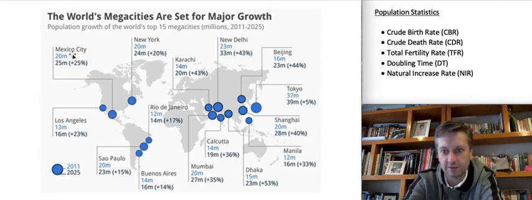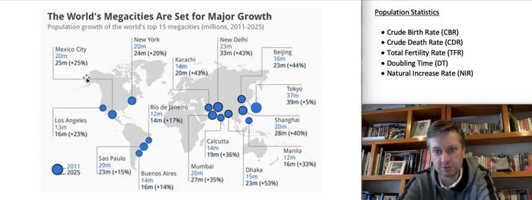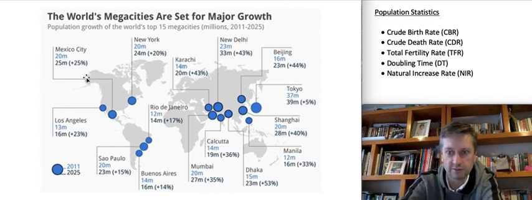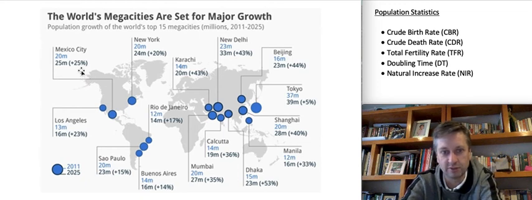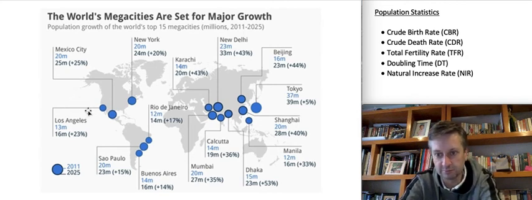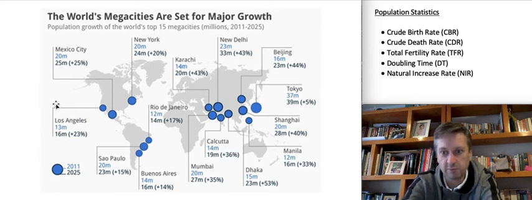Now you know that figure is very dodgy because I've heard estimates that the current population in Mexico City could be touching around 30 million. The problem there is where you get your data from. You get it from censuses. Censuses are not particularly reliable in Mexico. You get it from employment data.